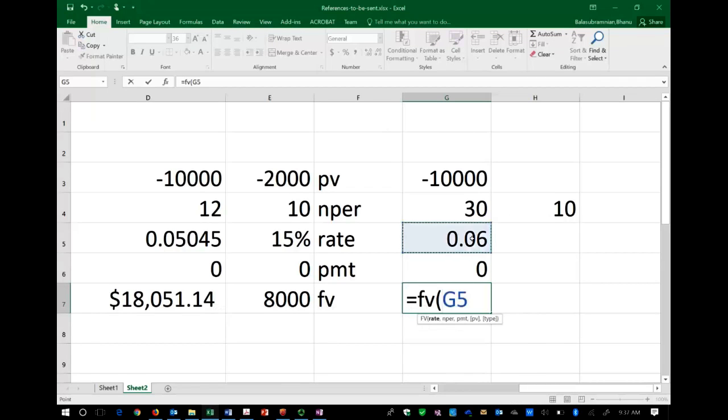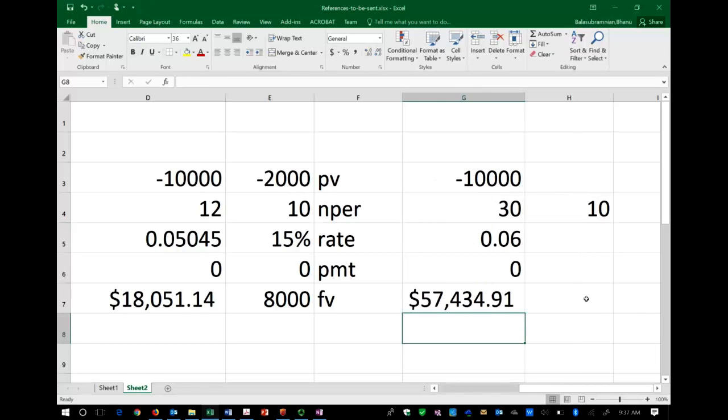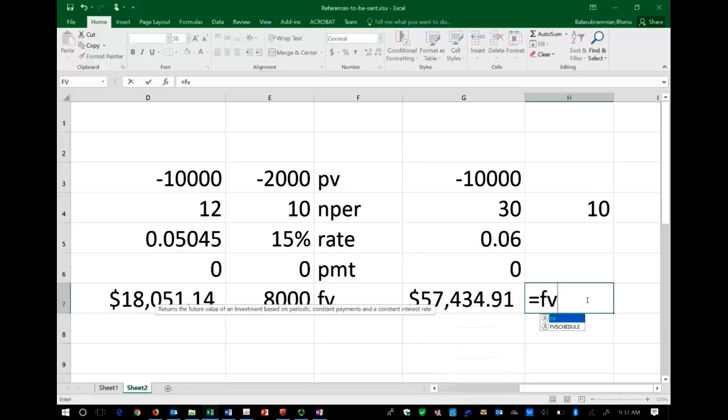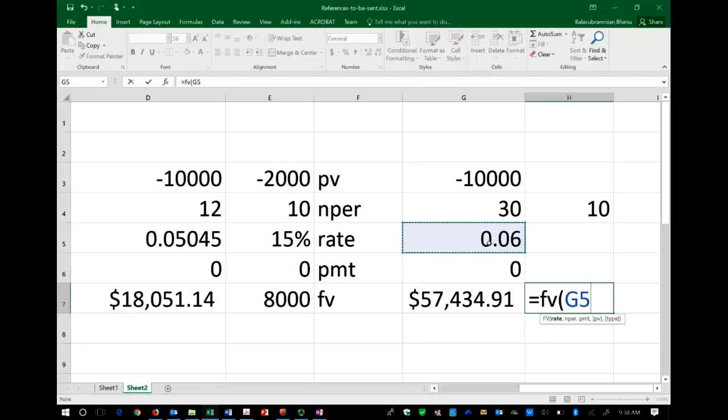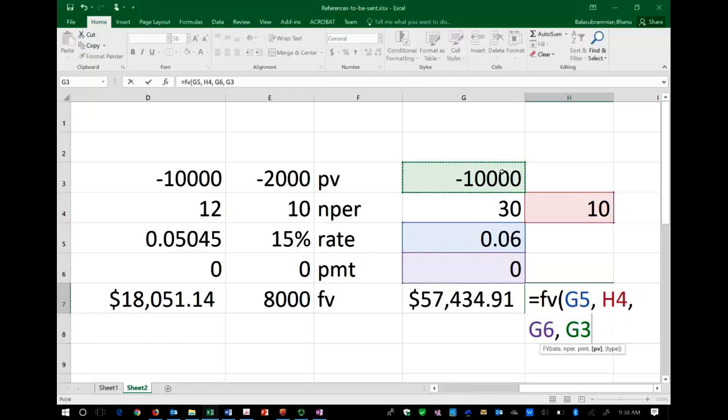So rate, number of periods, first 30, present value, payment, type is the same, and in this case future value would be equal to rate, number of periods is 10 now, then payment is 0, present value is the same 10,000.